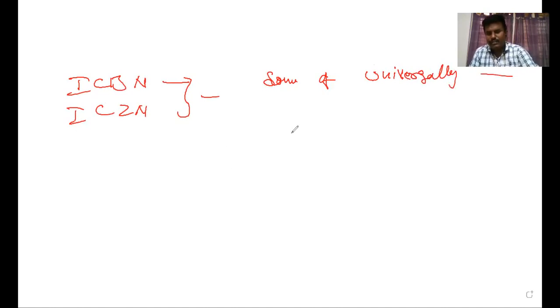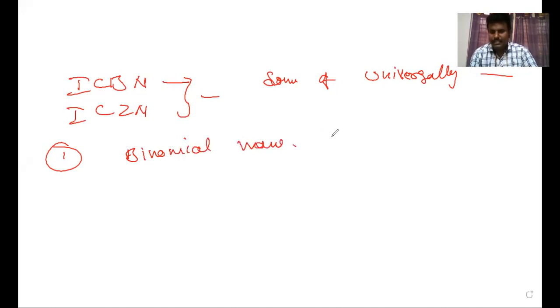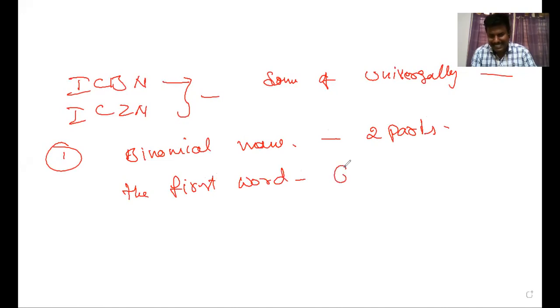The first universally accepted principle is that the scientific name of each species is a binomial name. It is made up of two parts. The first word is the generic name, and the second word is the specific name.